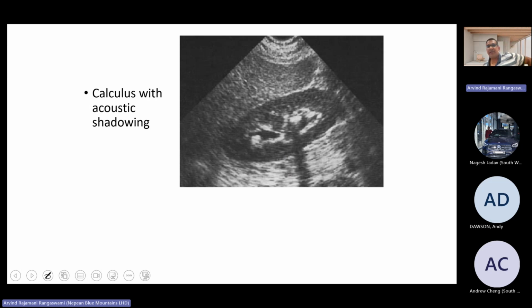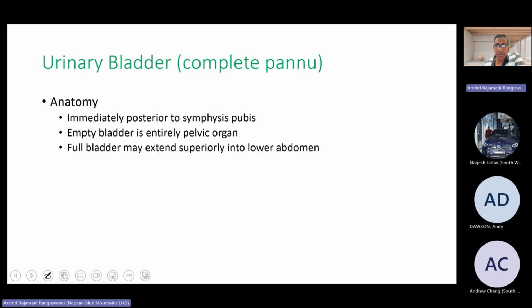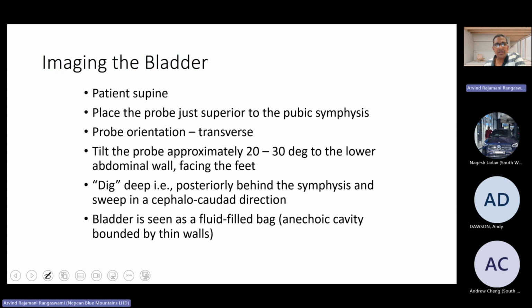So identifying the acoustic shadow from a renal stone may not always be possible. The stone itself, remember, is white and the normal medulla is white, and therefore white on white may not be easy to discriminate. So seeing a kidney stone is actually very challenging. Therefore, we don't really think about it. Now, imaging the bladder. Any questions on the kidney?